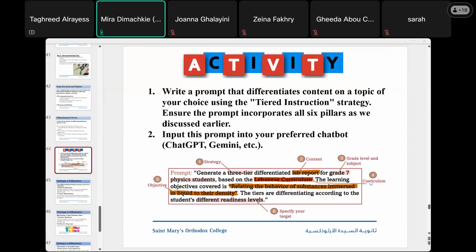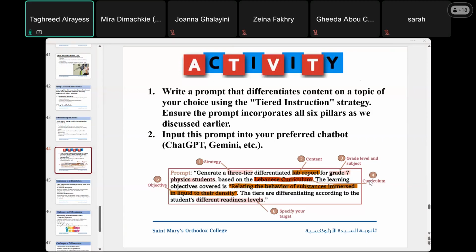So maybe when we add more details, it's going to fit more and be more applicable. Yeah, you need to keep on modifying the prompts to be more precise. Thank you.